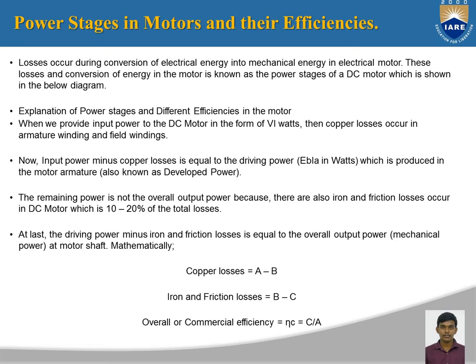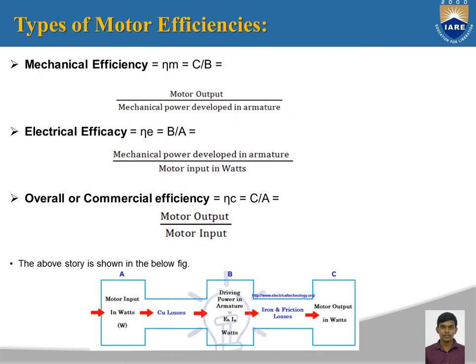To maintain the relation between these, we have to make sure what each variable stands for. So in this slide you can learn the formulas of the losses, which help you get the efficiency of the motor. And here are the different types of efficiency: mechanical efficiency, electrical efficiency, and overall commercial efficiency.